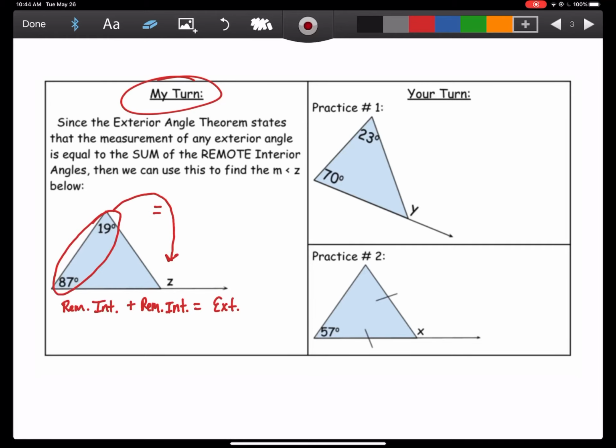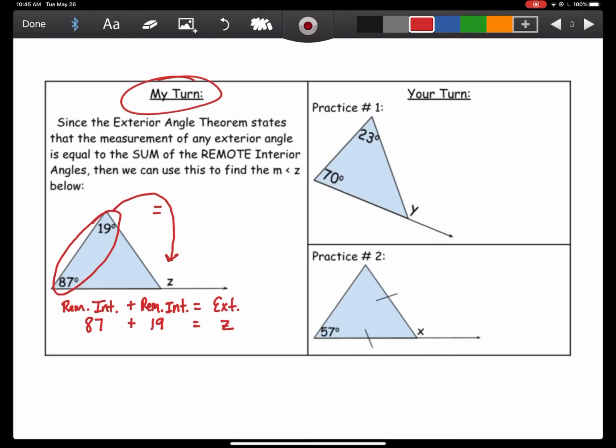So let's substitute. What's the first remote interior from Z? 87 plus the second remote interior is 19, and that equals that exterior angle, which right now is Z, okay? So now we simplify. 80 and 10 makes 90. 90 plus 7 and 9 is 16.